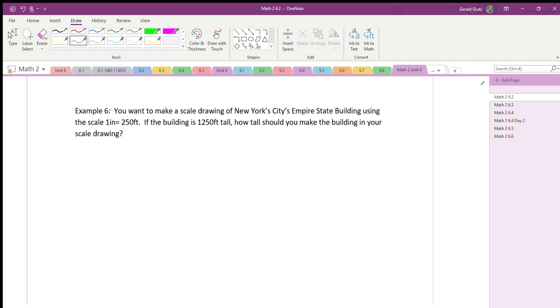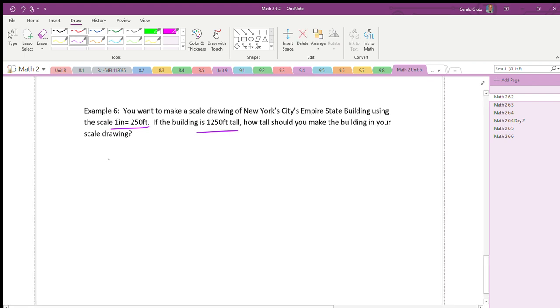So in our last example here, you want to make a scale drawing of New York City's Empire State Building using the scale of 1 inch equals 250 feet. The building is 1250 feet tall, so how tall should you make it in your drawing if you want to make it perfectly scaled to fit the actual height of the Empire State Building? So first thing I know that for every 250 feet, in my drawing I'm going to make it 1 inch.